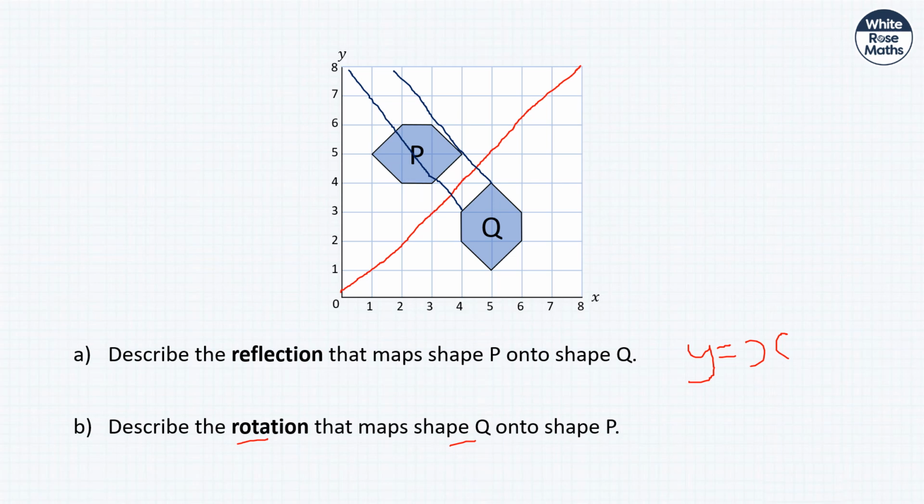So you're joining the lines that correspond to it. So this one goes here. This one goes there. So this one and this one go there.